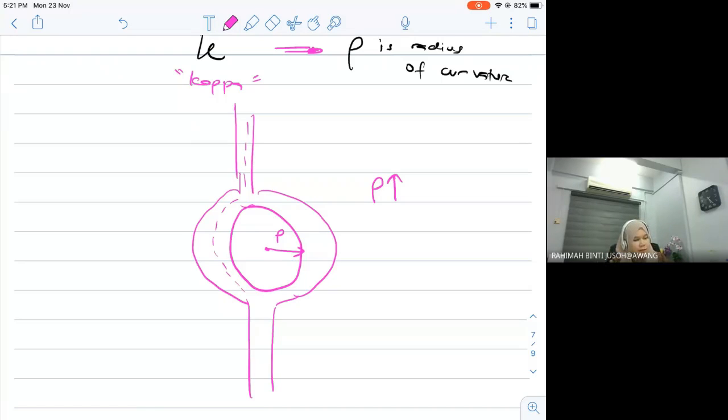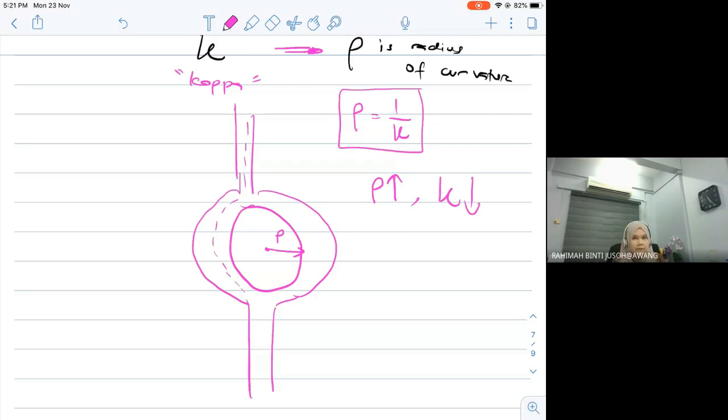Which means that when the radius of curvature is high, the curvature should be small. Because the formula of radius is equivalent to 1 over curvature. This is the formula of radius of curvature: 1 over curvature. If the radius of curvature is high, which means the roundabout is very big, therefore the curvature should be small.